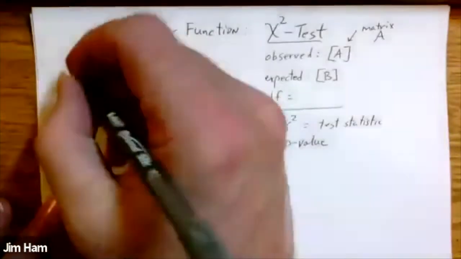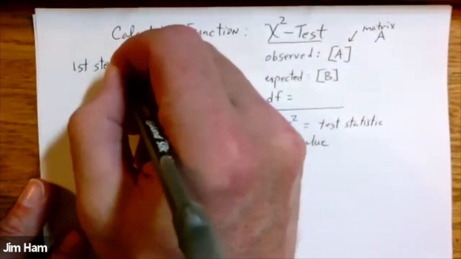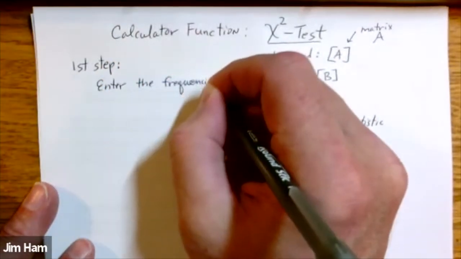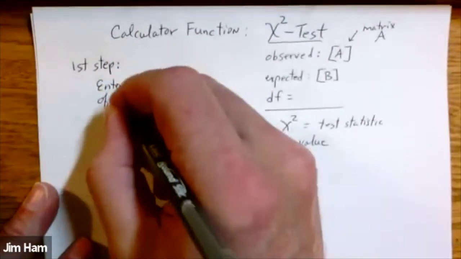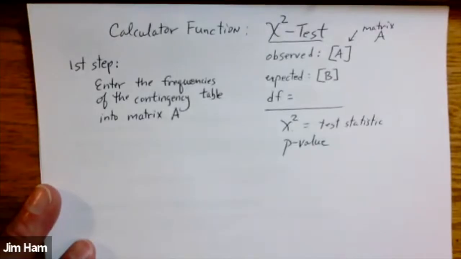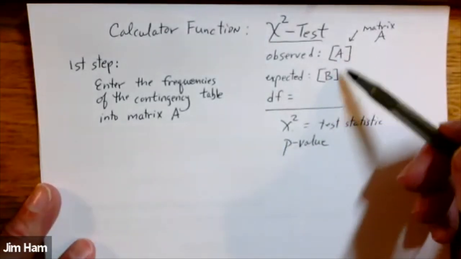Now, this requires that the very first thing you do is enter the frequencies of the contingency table into matrix A. If you always enter your frequencies of the contingency table into matrix A, then you never have to change these calculator inputs over here.